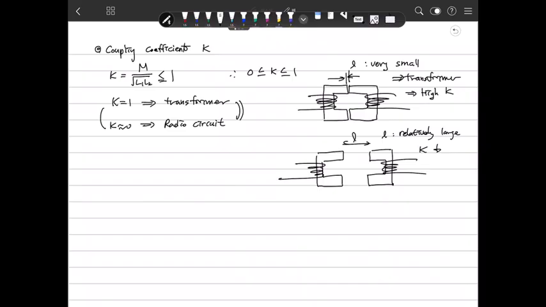So there is no power transfer between them. This is a bad transformer.